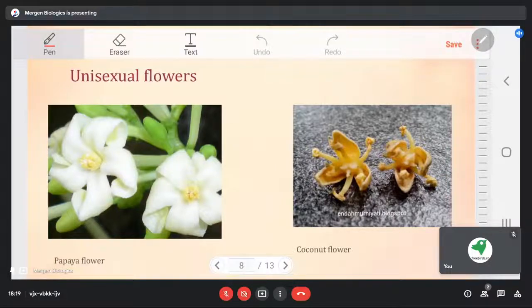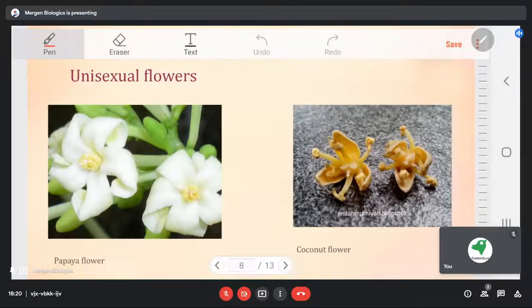I am sure you have heard about papaya flower or coconut flower, which is very common in every household. Maybe your parents or grandparents say that this is a male flower, this is a male plant, or this is a female plant. So that is the reason behind their differentiation.